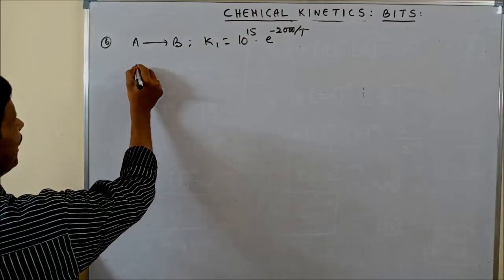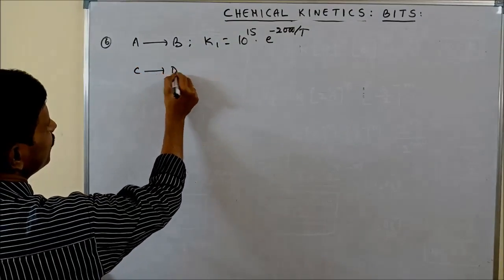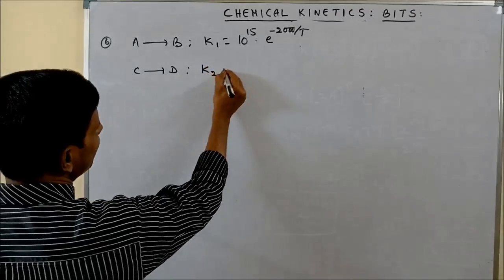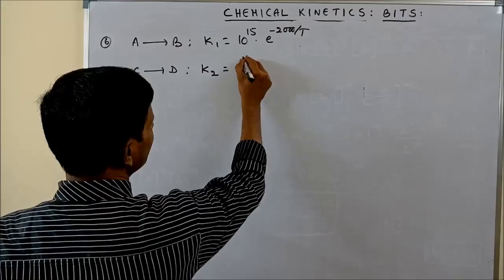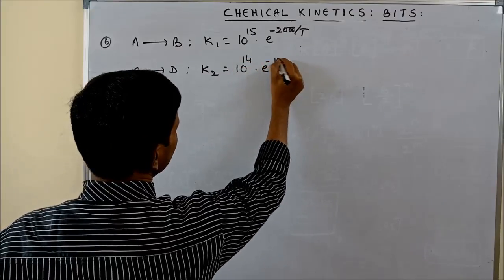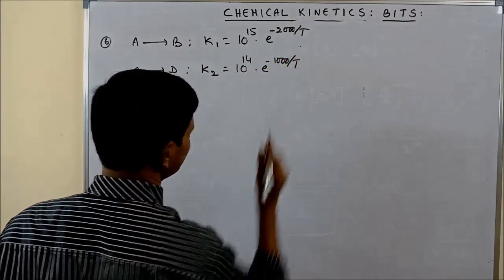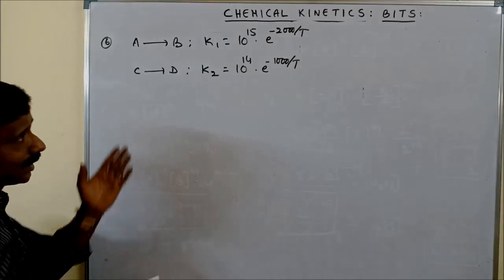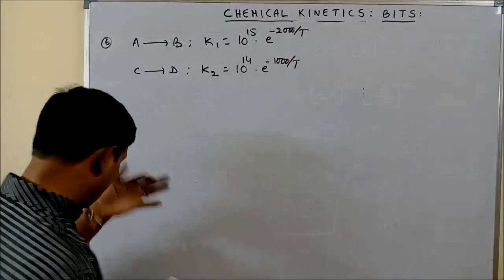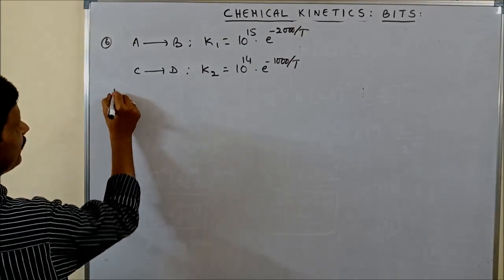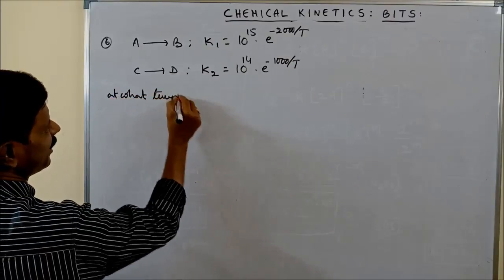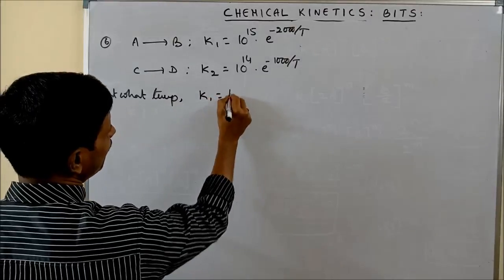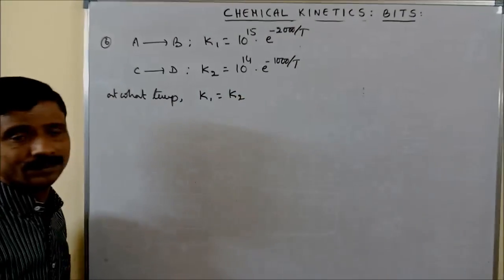And after that, the second reaction, C gives rise to D. Here it is K2, which is nothing but 10 power 14 into e power minus 1000 by T. So if the rate constants are like that, at what temperature will K1 be equal to K2?